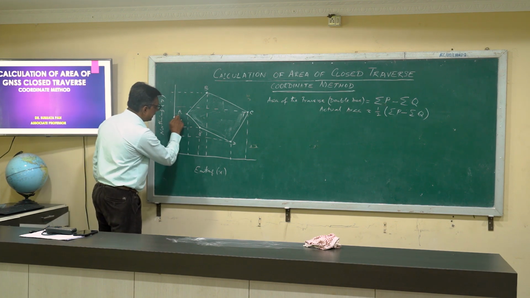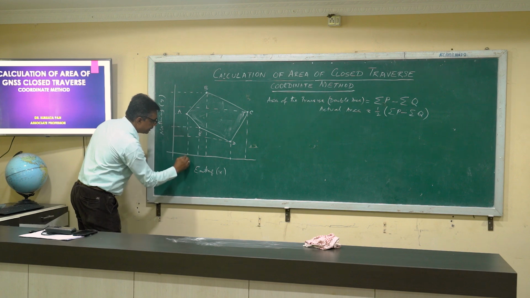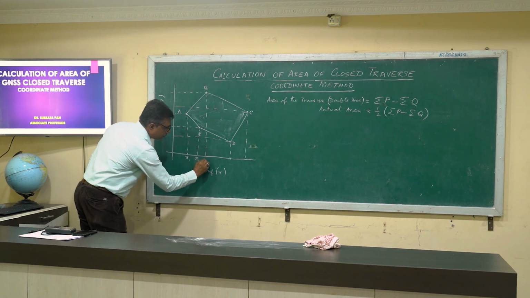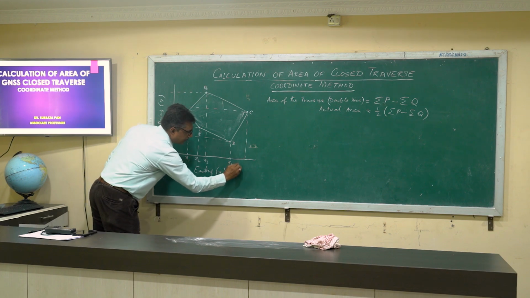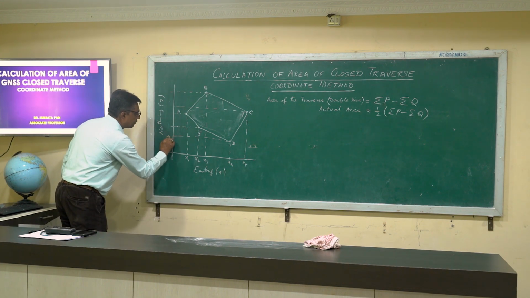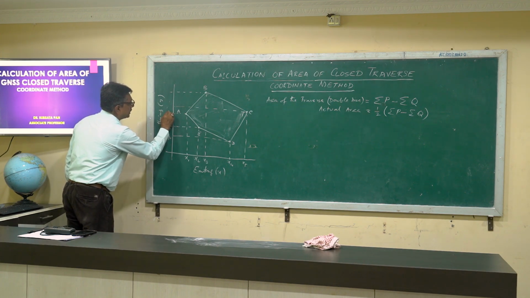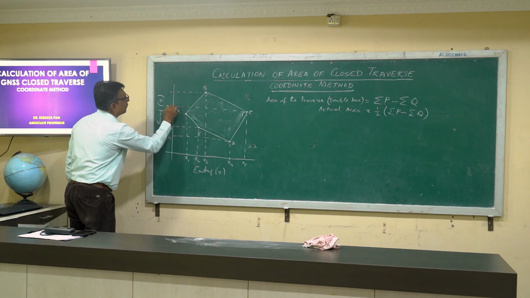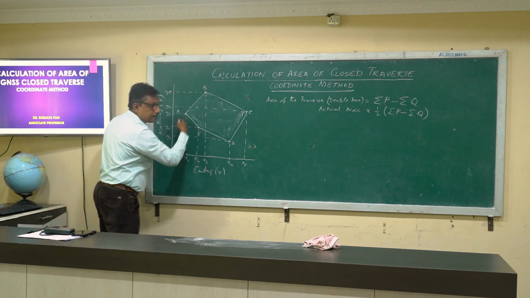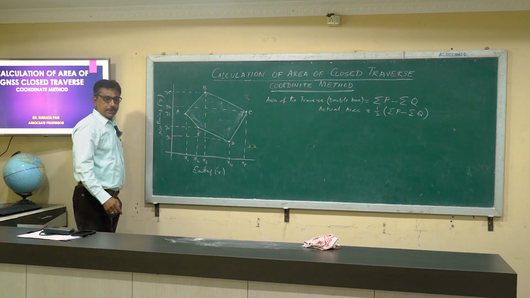Now what coordinate values represent them? You can write here x1, x2, x3, x4 and x5. Now here also you can write y1, y2, y3, y4 and y5. As we have 5 points, we have 5 combinations of coordinates.